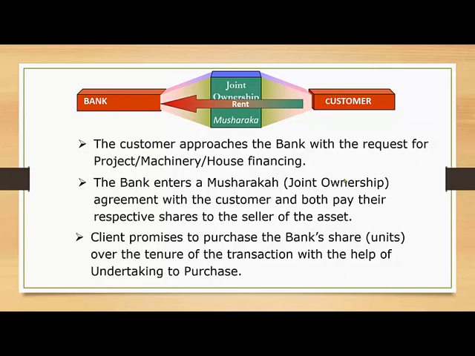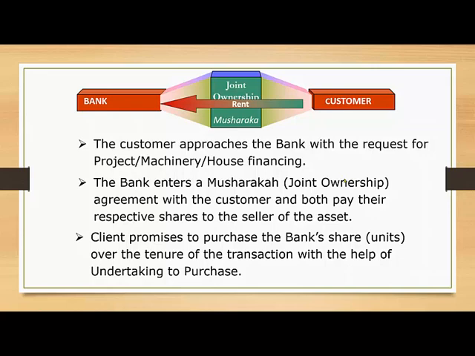So the customer would pay rental to the bank, and with successive payments of installments, the customer will buy units, one unit after each month, or on a quarterly or semi-annual or annual basis from the bank, as per the terms and conditions mentioned in the contract.